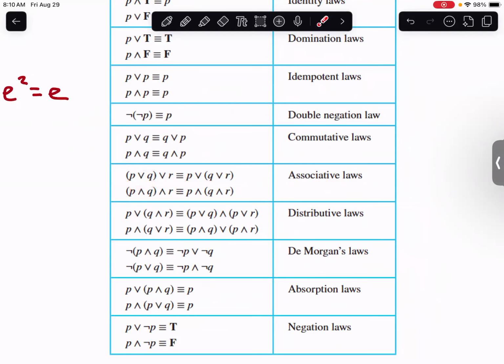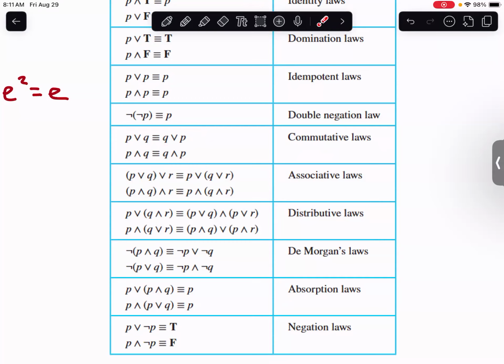So we can get rid of parentheses for this problem. And then the commutative laws say that it doesn't matter the order in which the propositions show up with the or.